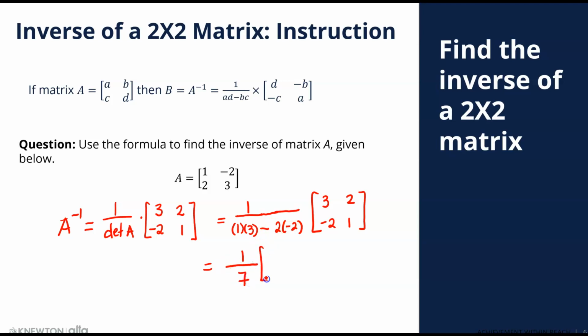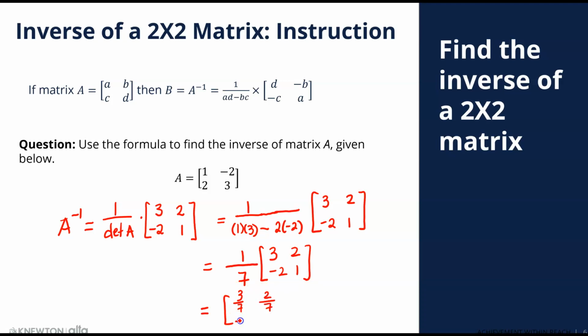So 1 over 7 times the matrix here, 3, 2, negative 2, 1. Then you just have to multiply each element here by 1 over 7. So therefore the inverse is just equal to 3 over 7. That's the first entry. 2 over 7.